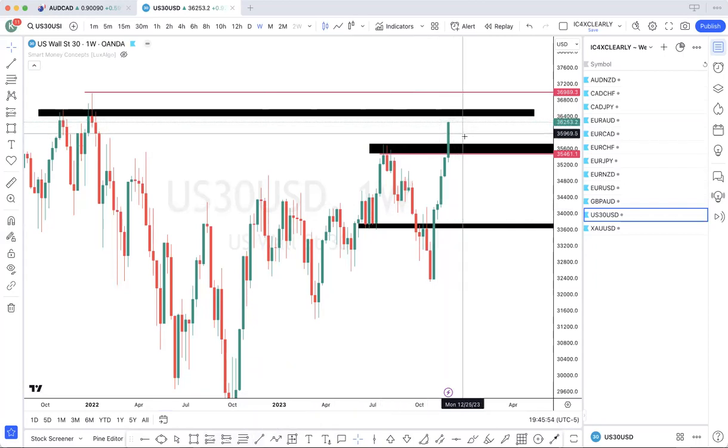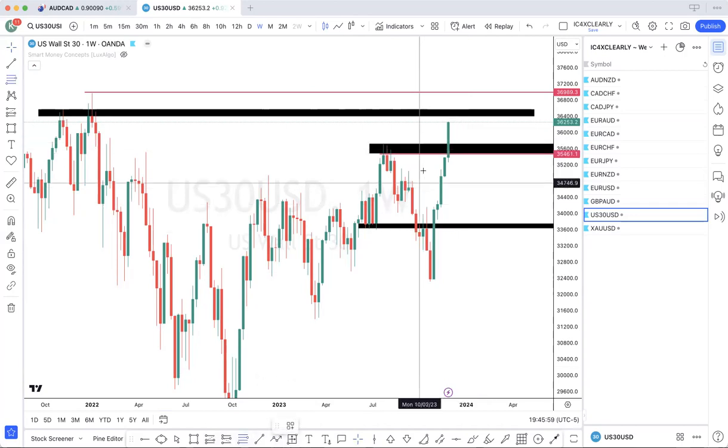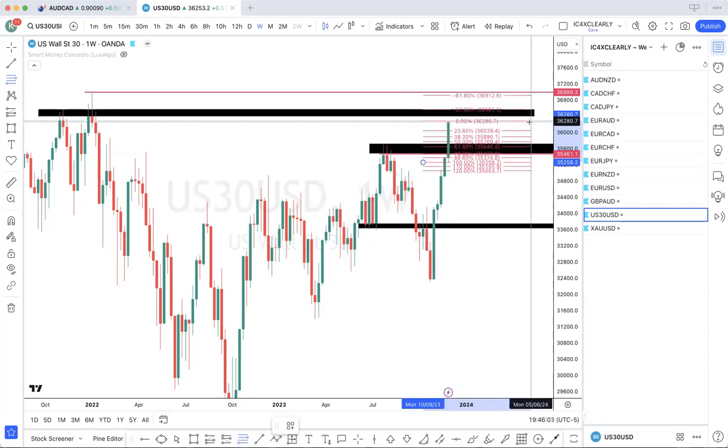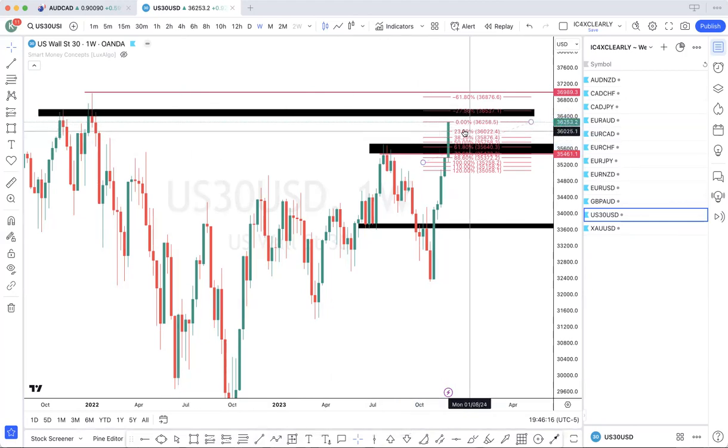To here, or price could pull all the way back to here. If it pulls back to here, that is the 38.2. If it pulls back to 38.2, it is going to negative 61.8. Promise you.